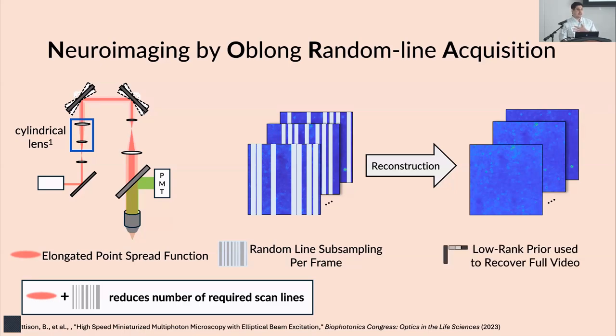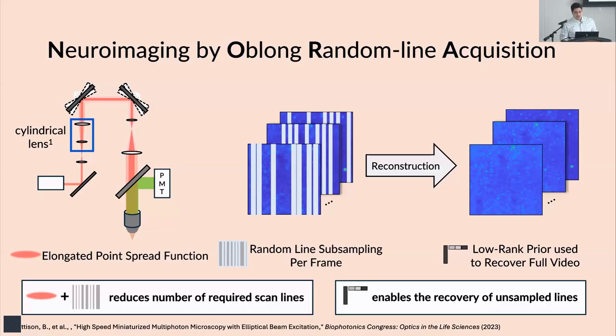We use the spatiotemporal statistics through a low rank prior, right? So this is going to be very direct. This is just using the fact that the pixels are correlated in space and time. So we're going to claim that this low rank prior enables the recovery of this highly undersampled area.